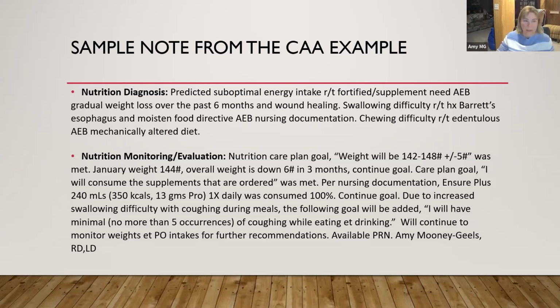And then due to the increased swallowing difficulty, the following goal was added: I will have no or minimal occurrences and will continue to monitor weights. And then my signature. So again, when I've come to that call, I can just copy and paste that little paragraph of the nutrition diagnosis into the analysis of findings and state whether the goals are going to be implemented or not.